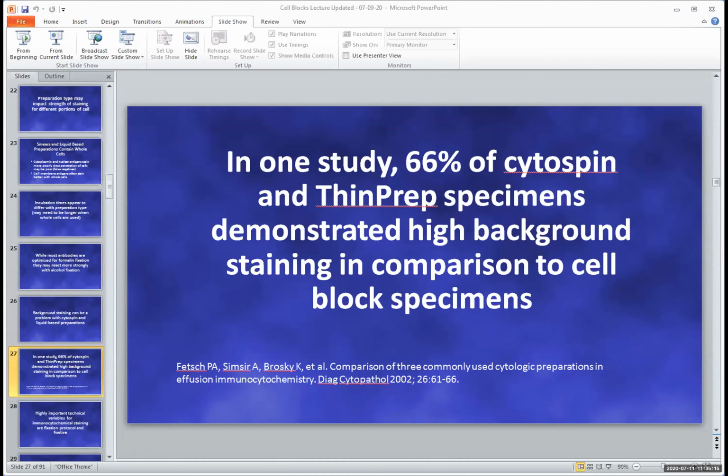In a single study referenced at the bottom of this slide, 66% of cytospin and ThinPrep specimens demonstrated high background staining in comparison to cell block specimens, and this certainly can complicate how we interpret results.